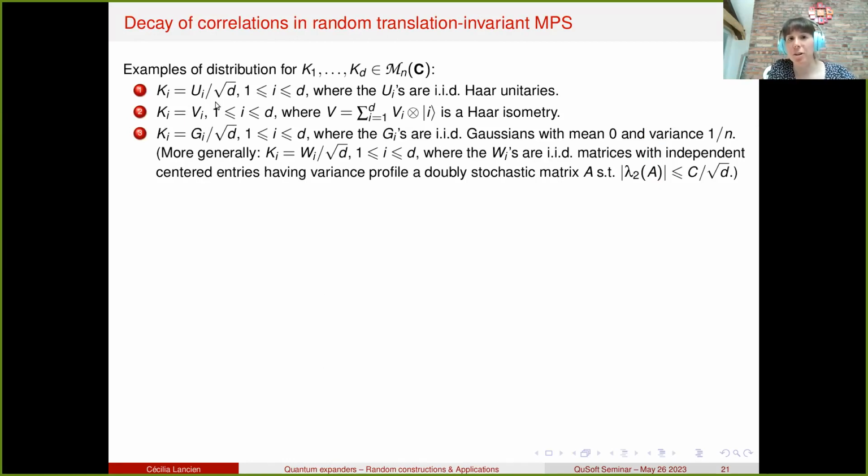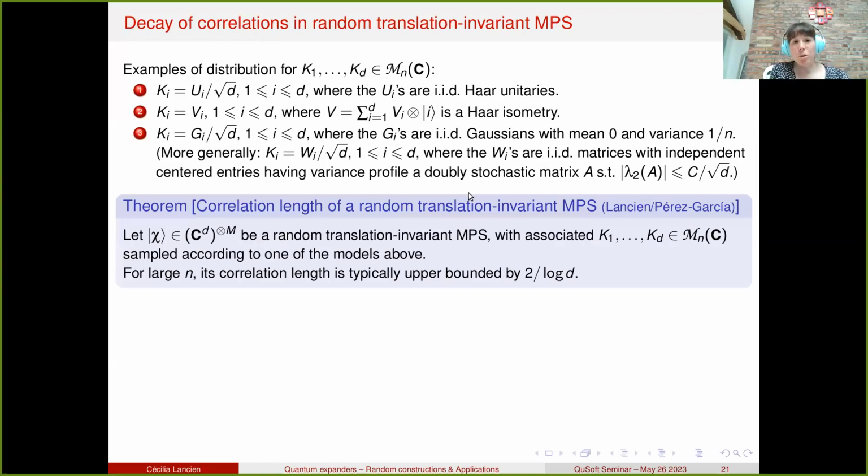So for instance, if these Ki's are renormalized unitaries, if these Ki's are blocks of Haar isometries, if these Ki's are renormalized Gaussian matrices, or even more general distributions, then for all these models, we can compute the largest and second largest eigenvalues of the transfer operator and deduce that the corresponding MPS chi is going to be such that for large n, its correlation length is going to be typically upper bounded by 1 over log of square root of d, so 2 over log d.